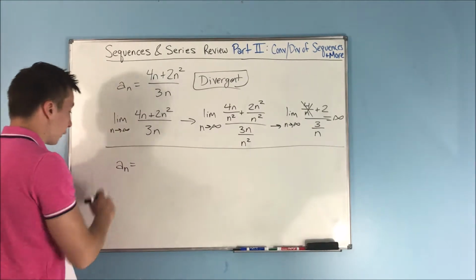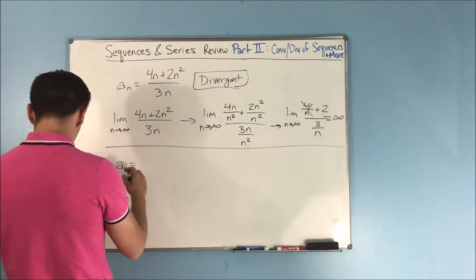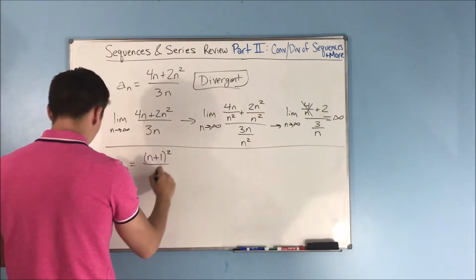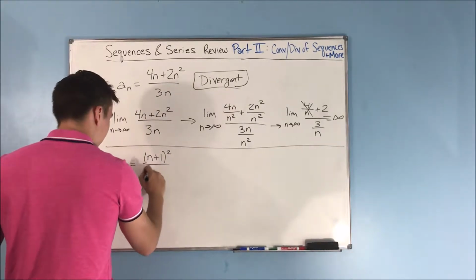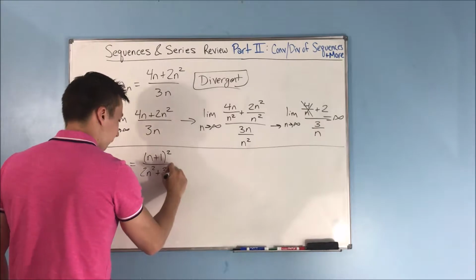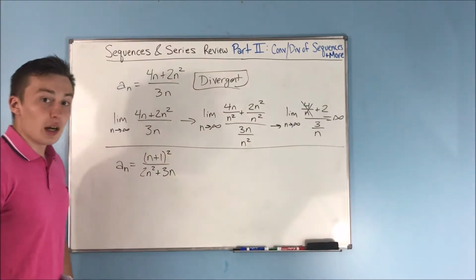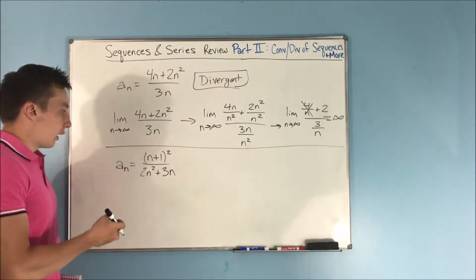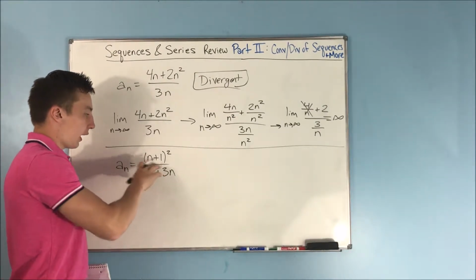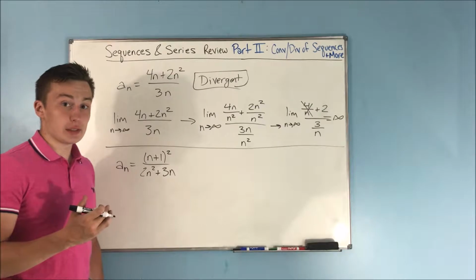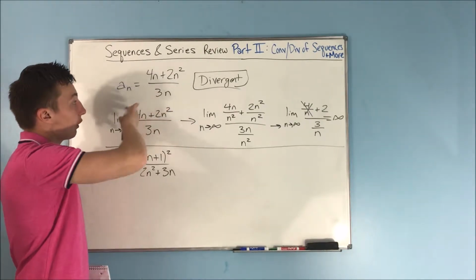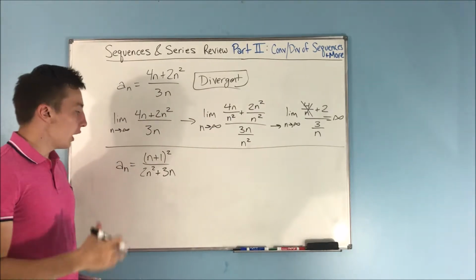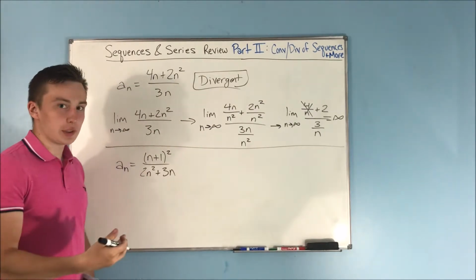Next, what if our sequence was a sub n equals, where is it here? Here it is, n plus 1 quantity squared over 2n squared plus 3n. A little bit harder to see, I guess, what's going to happen here because of this n plus 1 in the parentheses. Here you can either divide by the highest power of n or use L'Hopital, but not so much here.